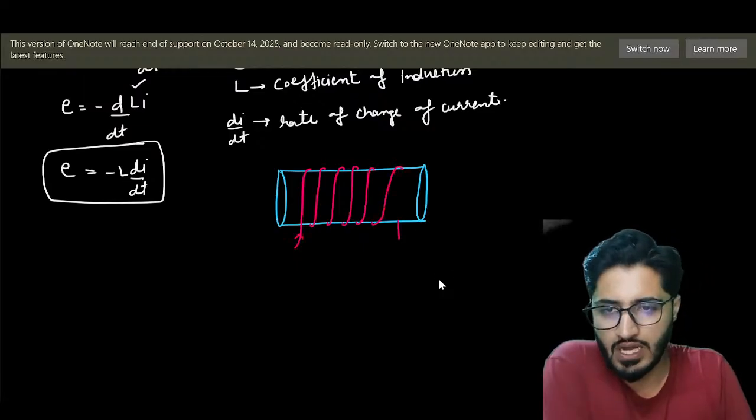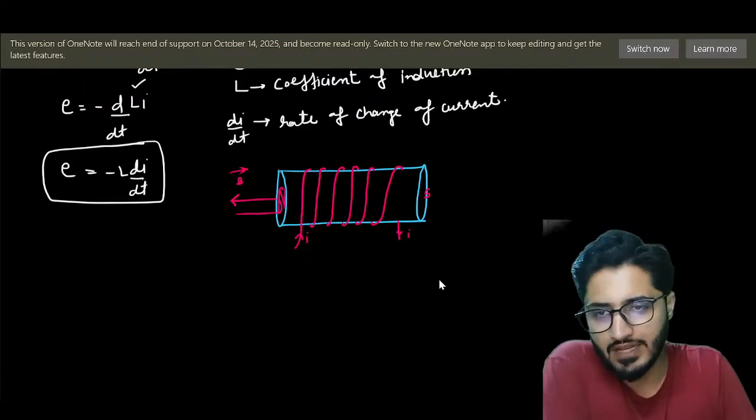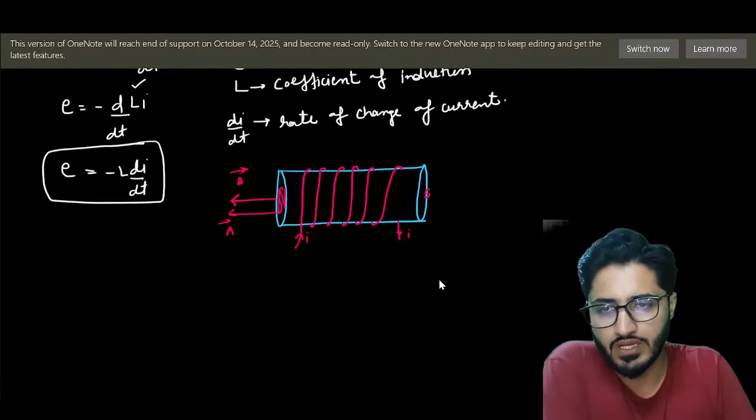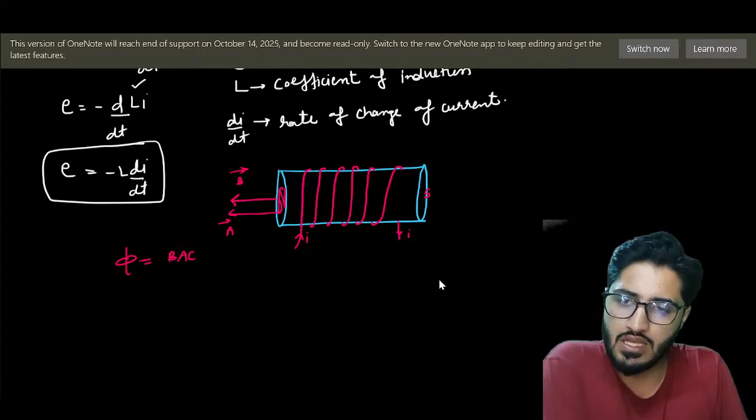Current is going in as I and current is leaving as I. We know that this will become the North Pole and this the South Pole. My magnetic field will be in this way, and I guess the area vector is in the same direction. So what is flux? Sir, flux is equal to BA cos theta. So I can write flux as BA cos 0 degree. Cos 0 is 1, so flux came out to be B into A.